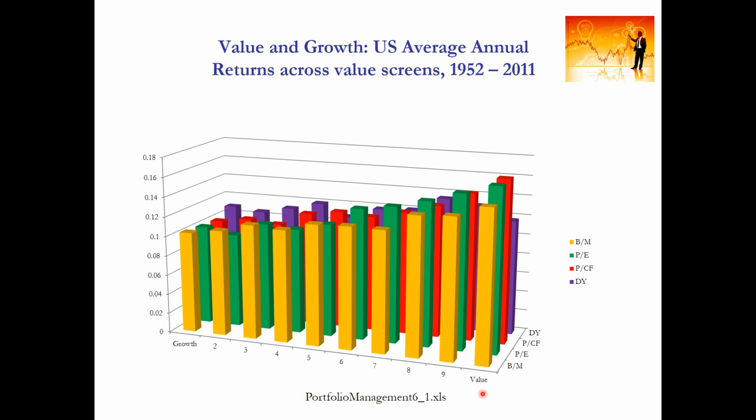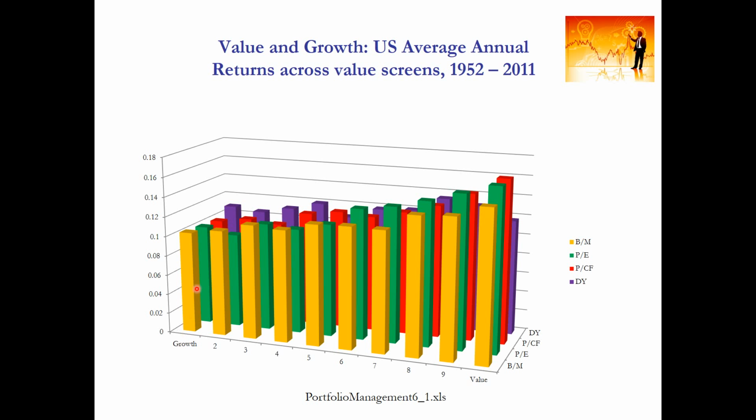That means the stocks that have a cheaper price relative to their fundamentals, and decile 1 includes stocks that have these value screens relatively higher. I mean, you pay higher prices relative to fundamentals.